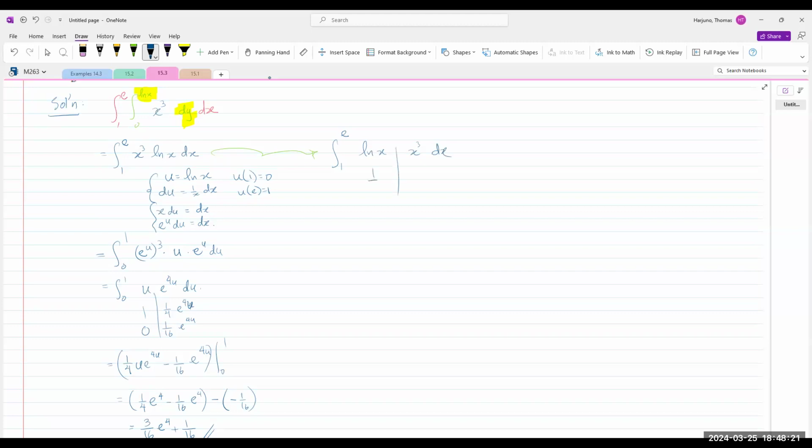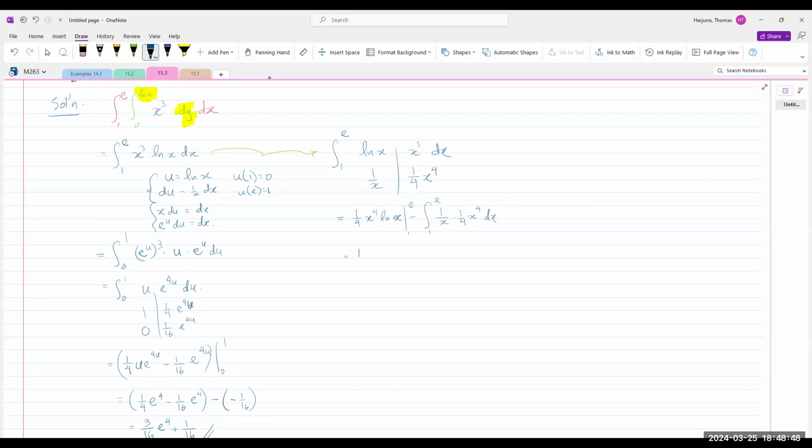I do the derivative here, I do the integral here. So this equals 1/4 x to the 4th ln x minus the integral of 1 over x times 1 over 4 x to the 4th dx, from 1 to e.